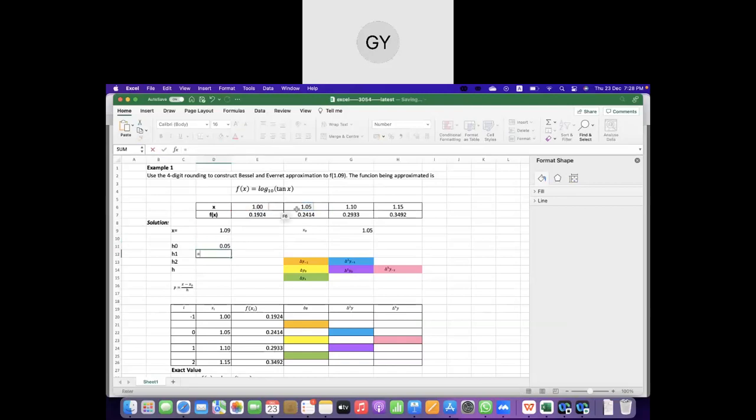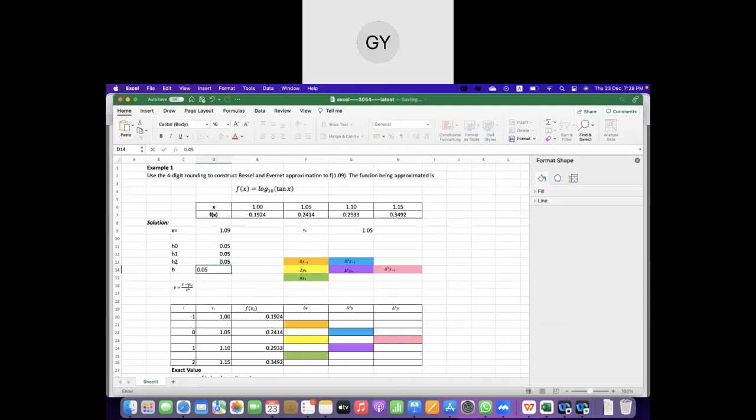Then h1 equals 1.10 minus 1.05, the value of h is also 0.05. Lastly we find h2, which is 1.15 minus 1.10. Since the values of h0, h1 and h2 are the same, 0.05, we can conclude that h is 0.05.